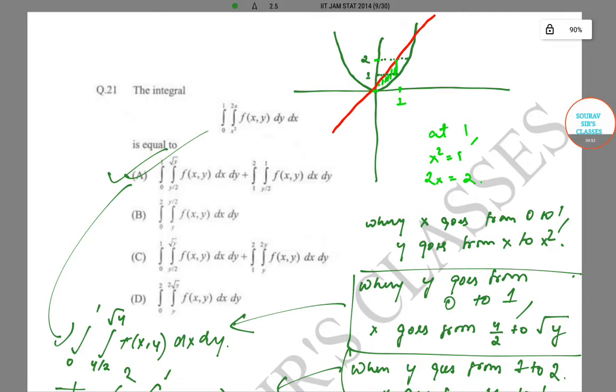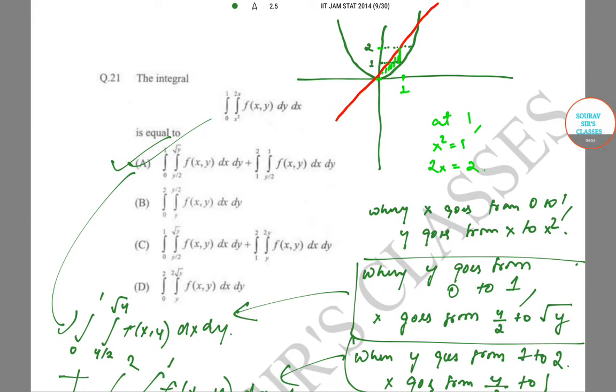Now here the graph runs till this point, and this portion in light green is the one in which we are integrating. So if we want to revert this, as y goes from 0 to 1, we see x runs from y by 2 to root y, between these two graphs.